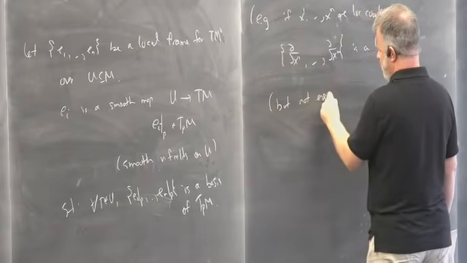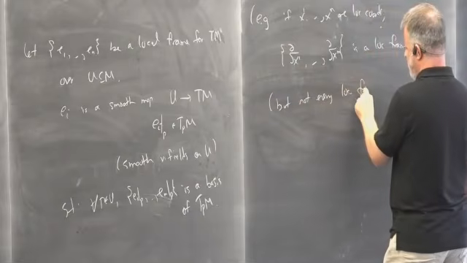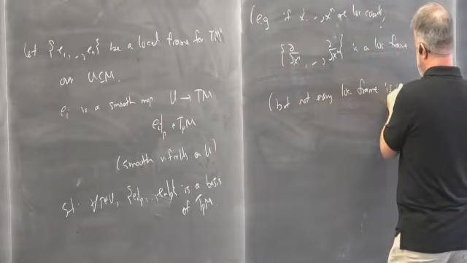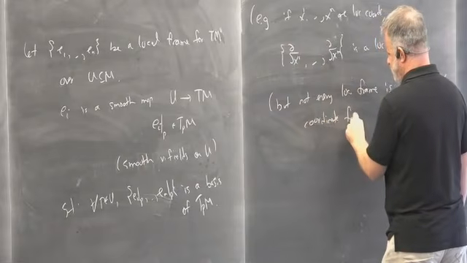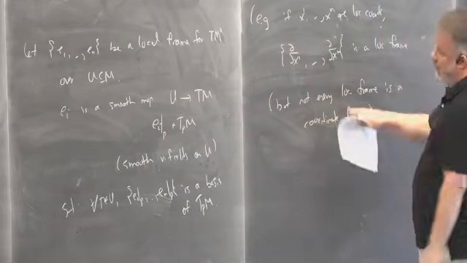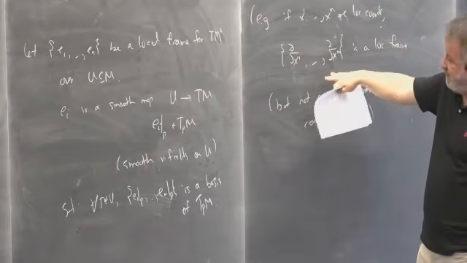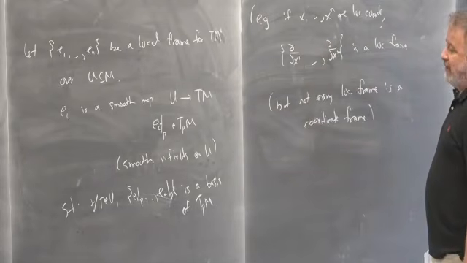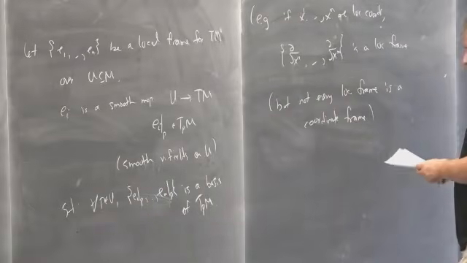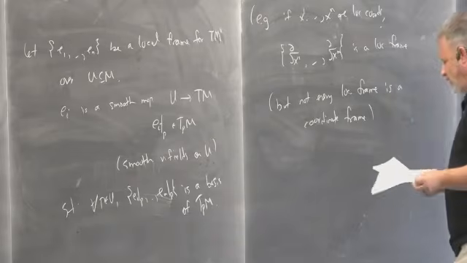But not every local frame is a coordinate frame. You can already see that because if you have two coordinate vector fields, the Lie bracket is 0. So if you had a frame where the Lie bracket of two elements is not 0, then there's no way that there's some coordinate chart in which that's a coordinate frame.